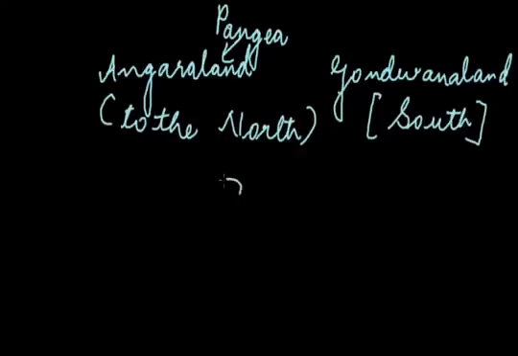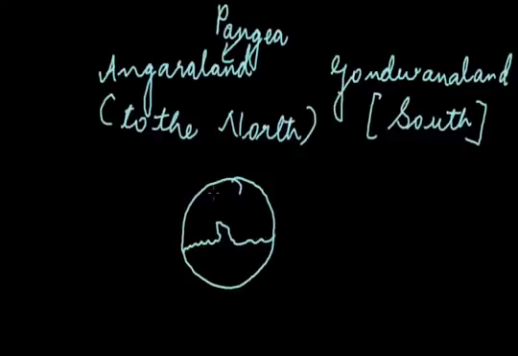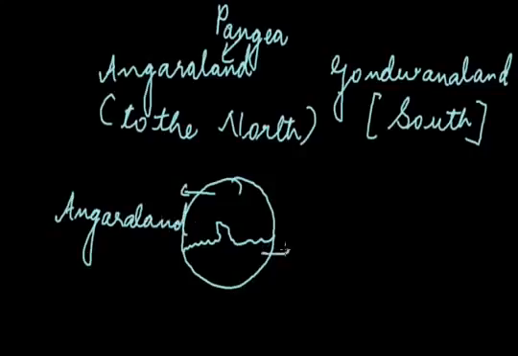Roughly, we can study that supposedly this is the whole continental mass clubbed together in a single land mass, and due to the stress motions, it demarcated into 2 parts. So this would be the Angara land, and the other part would be the Gondwana land.